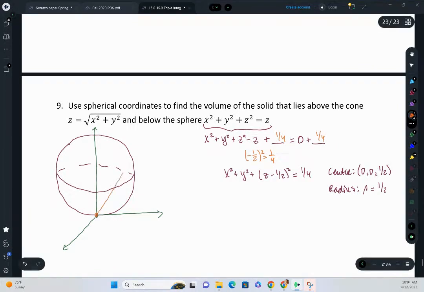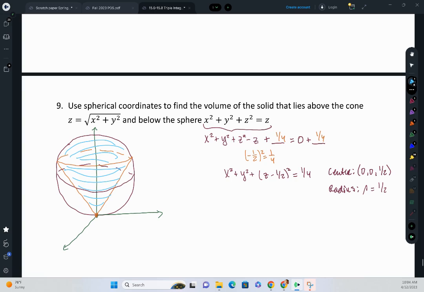It cuts through at pi/4. Okay, we want the volume that is above the cone and below the sphere. Okay, so that is inside the cone. This is the ice cream cone again, except now we have a bigger top on top. We want all that volume, okay?